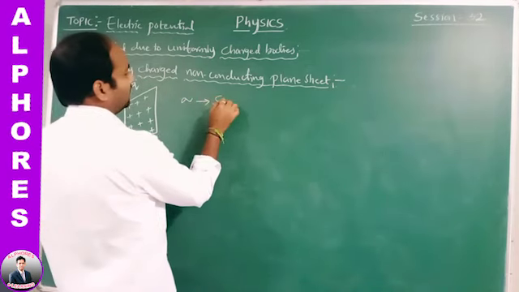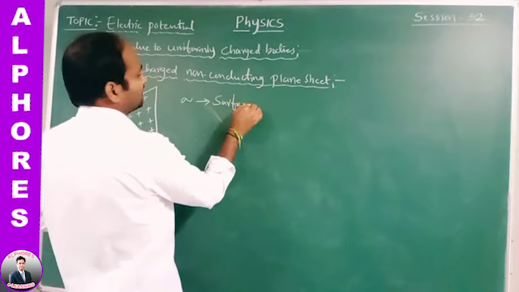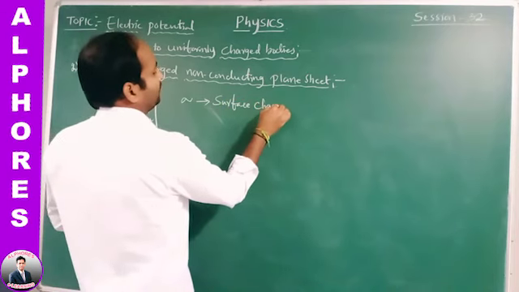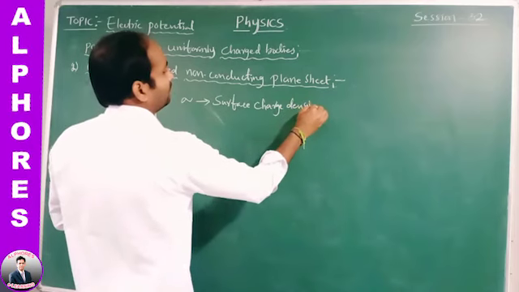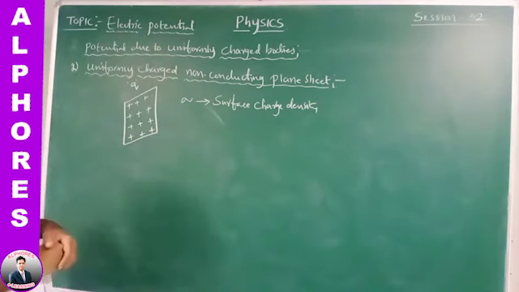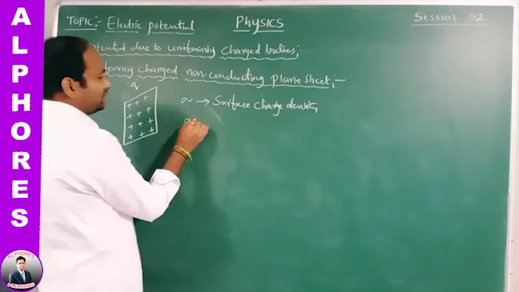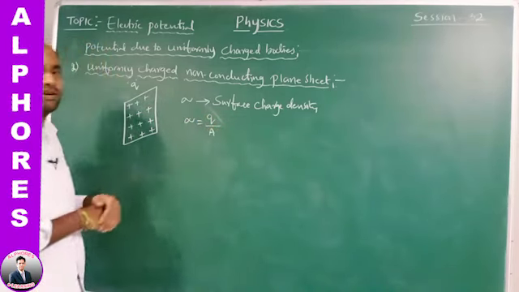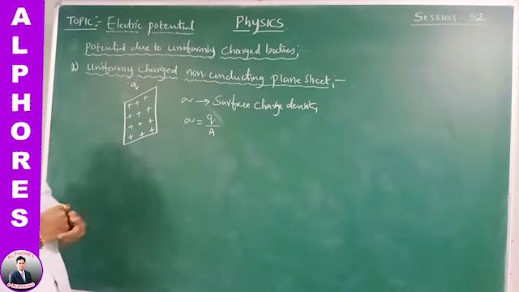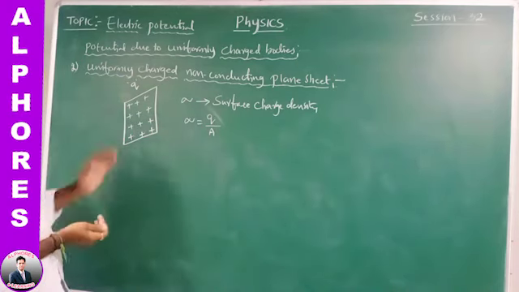What is sigma here? Surface charge density, which can be written as sigma is equal to Q by A. The charge per unit area is called the surface charge density. Here we are taking a non-conducting plane sheet.